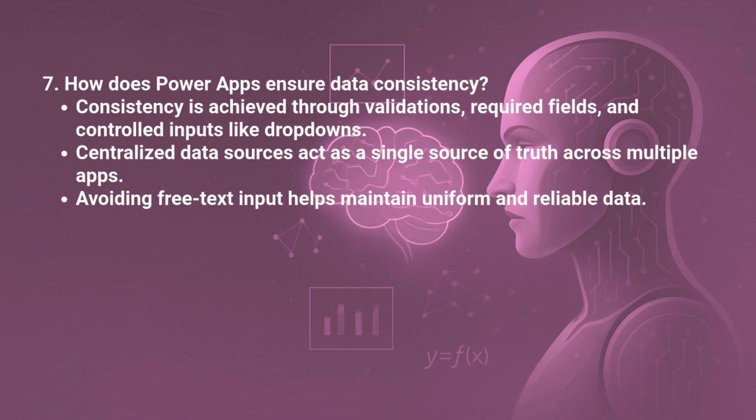How does Power Apps ensure data consistency? Consistency is achieved through validations, required fields, and controlled inputs like dropdowns. Centralized data sources act as a single source of truth across multiple apps. Avoiding free text input helps maintain uniform and reliable data.